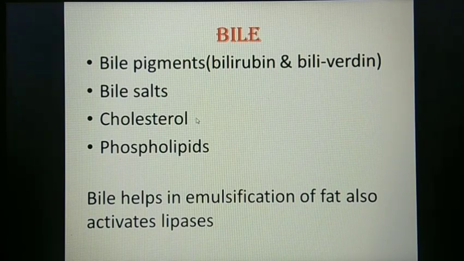Then in the next class I will be giving the secretion, that is intestinal juice, and the enzymes present in it, and the process of how these forms are hydrolyzed into the simplest forms with the help of intestinal juice.